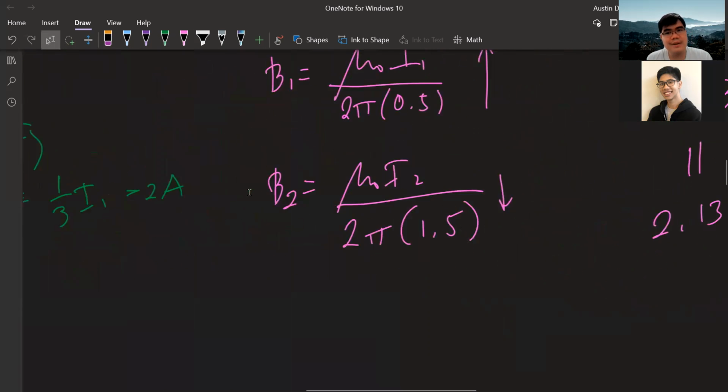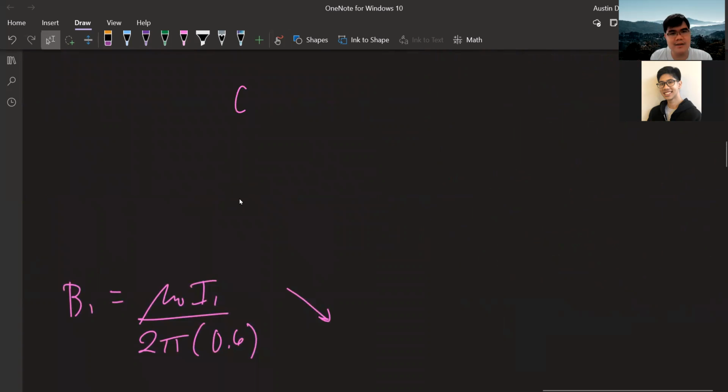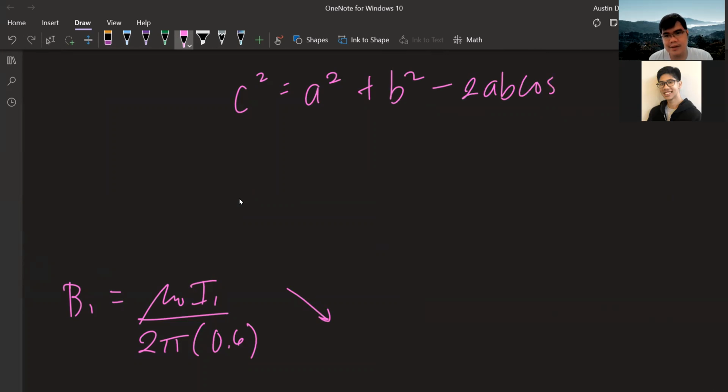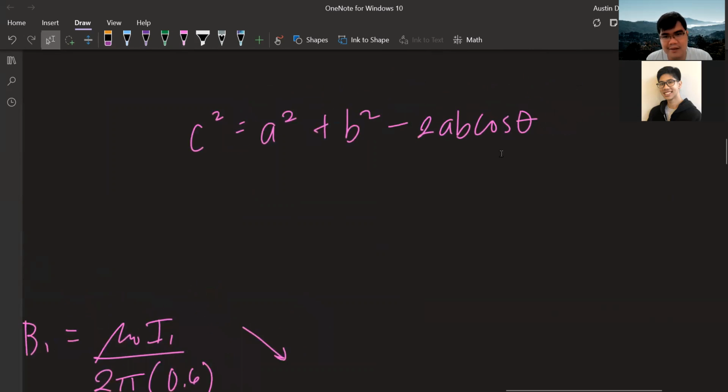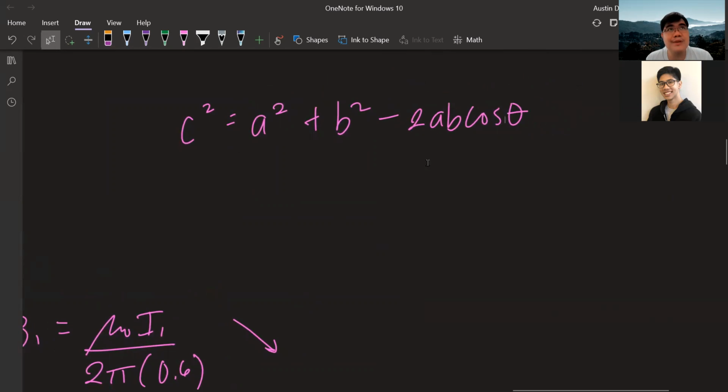How does the law of cosines go, if you still remember? The longest side squared must be equal to the sum of the squares of the other two sides, minus 2AB cosine theta. So you can find theta between A and B. This is the law of cosines.